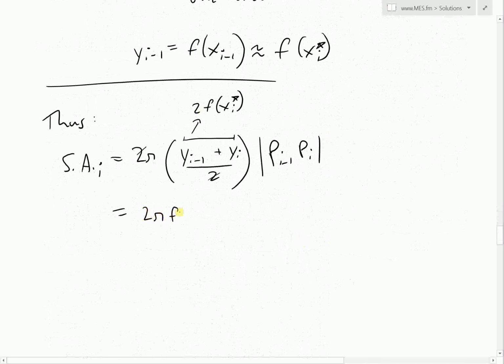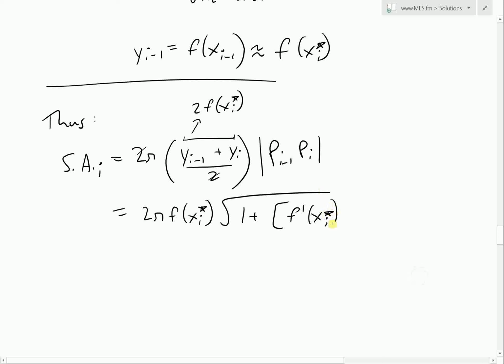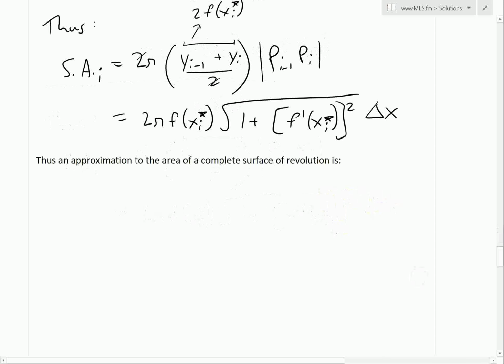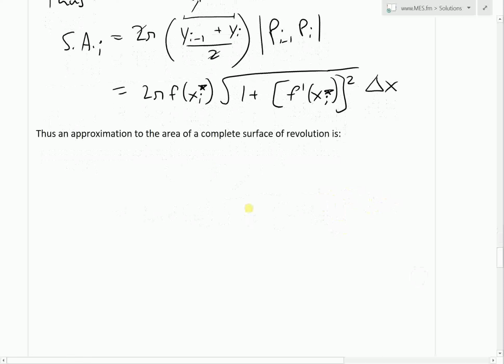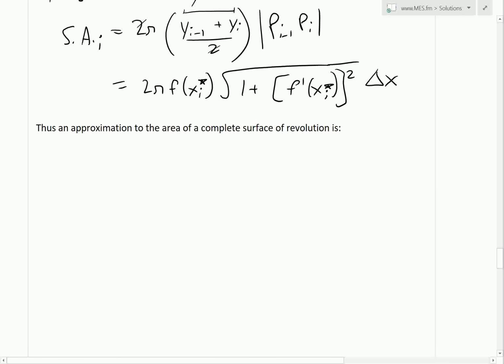So all together we have 2 pi f of xi star, and then the square root of 1 plus the derivative at xi star, squared, times delta x.